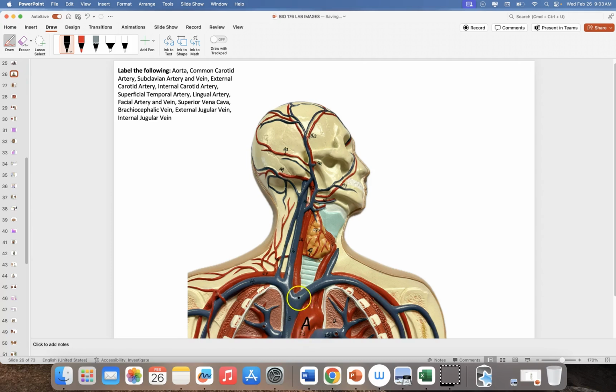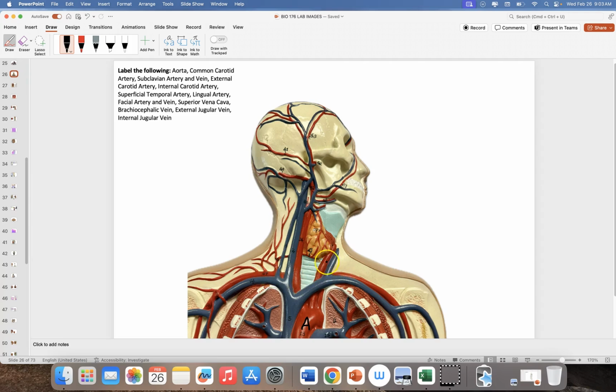The brachiocephalic, you can't really see. It's obscured right here, so we can't really see that one. But we can see that we have our common carotids. So those are going to be right here. And then we have our subclavian as well.